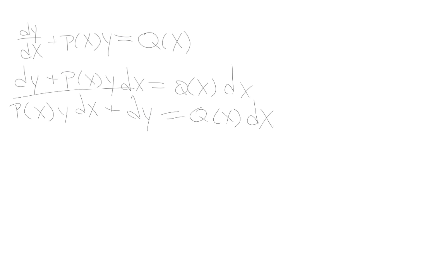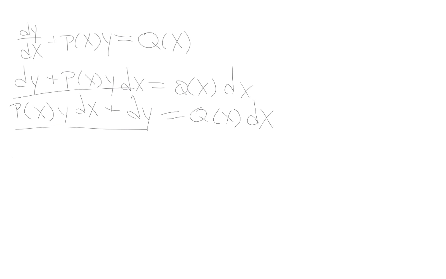For this to be a total differential, we need partial M with respect to y to equal partial N with respect to x. And more than likely, it's pretty obvious that this probably is not the case.